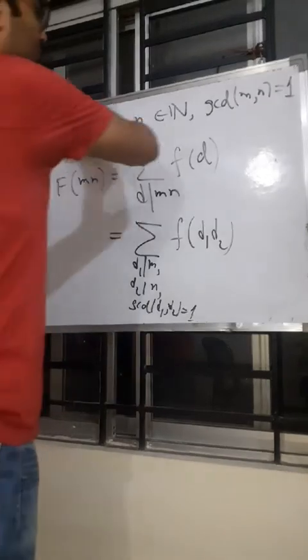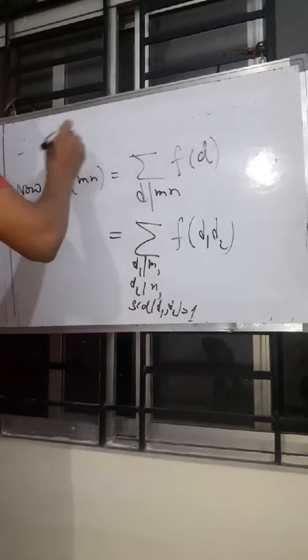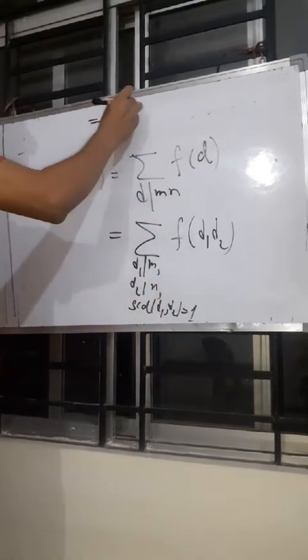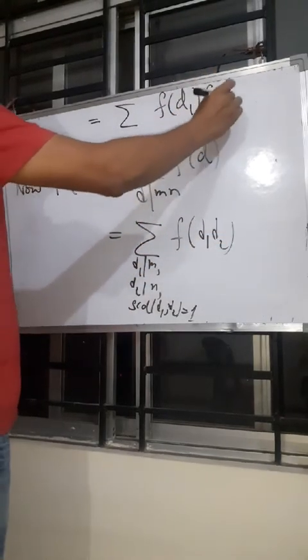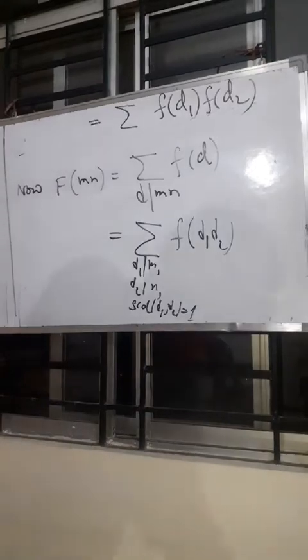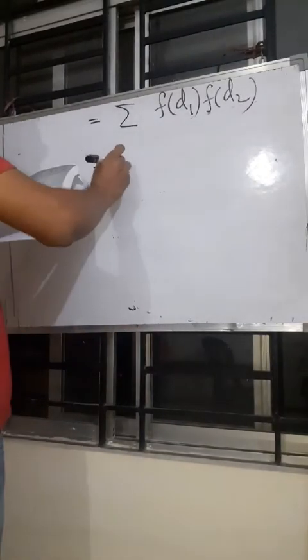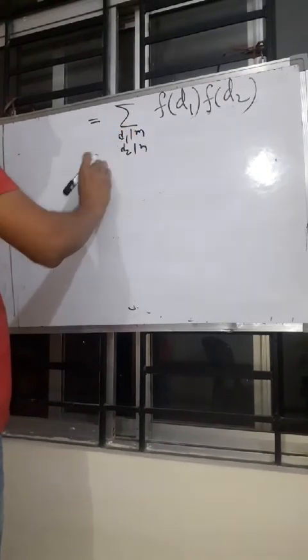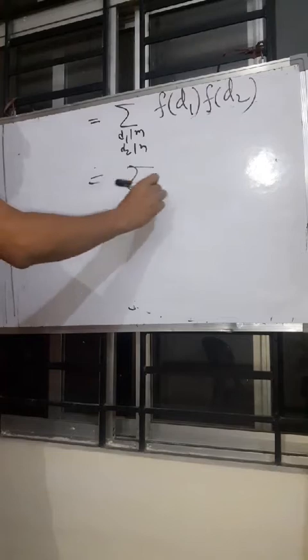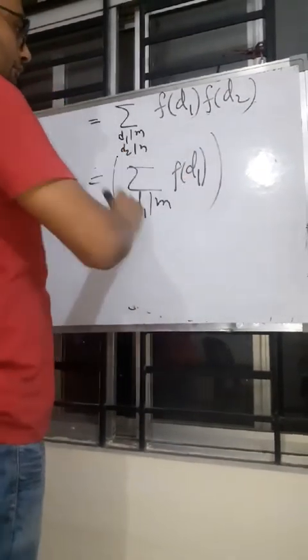Now f is a multiplicative function. What does it mean, multiplicative function? f of d1 d2 is f of d1 times f of d2, where d1 divides m, d2 divides n.